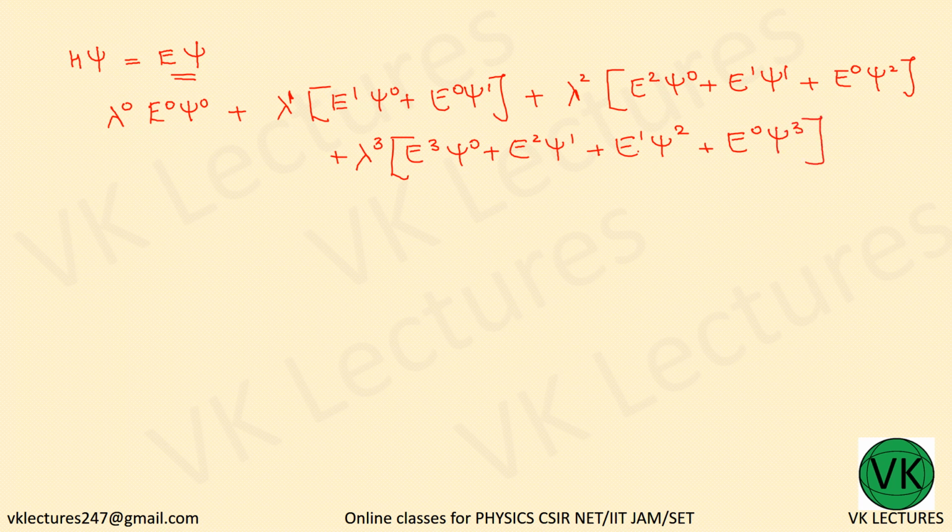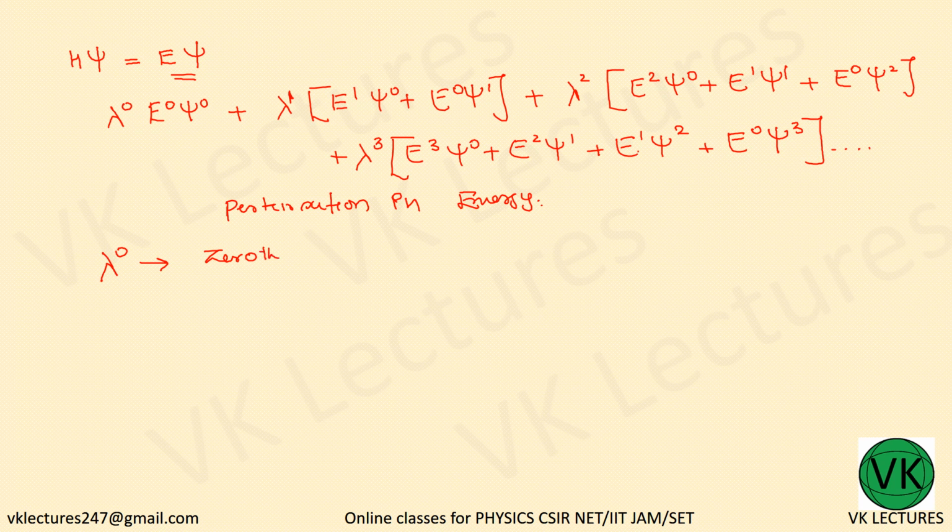So this is how we can write the perturbation in energy. For lambda power 0, we can say it is the zeroth order perturbation.